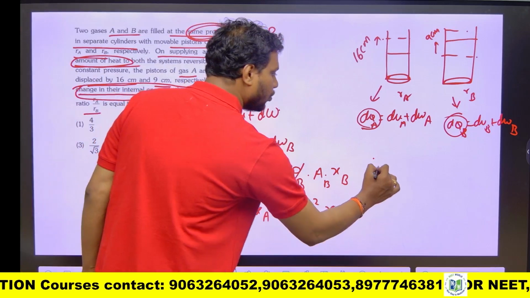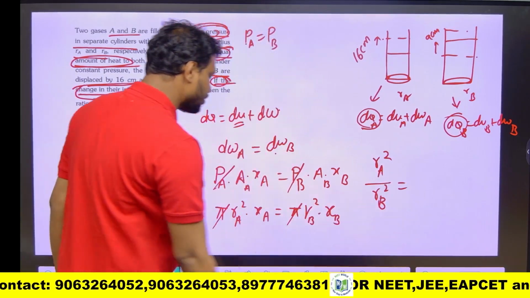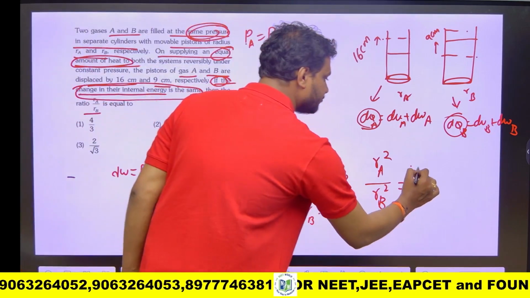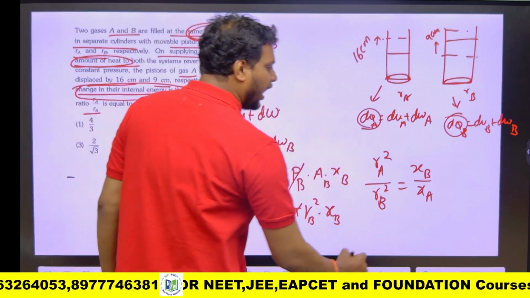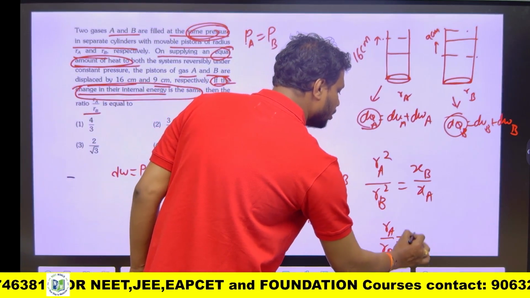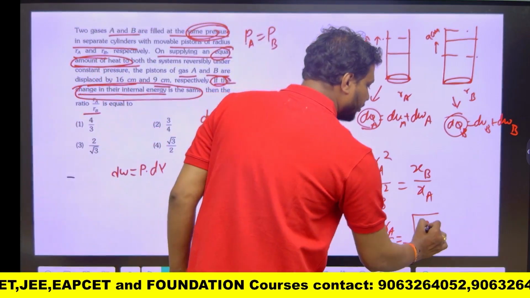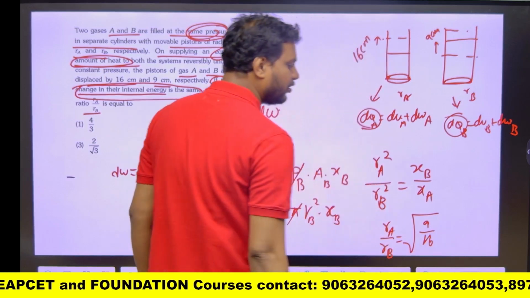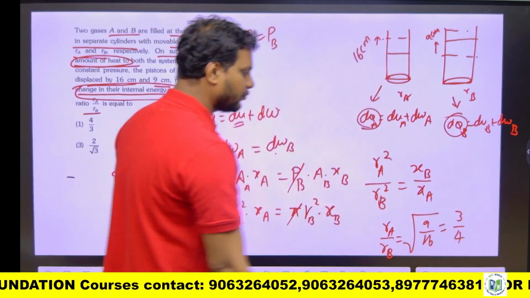Then we have RA square by RB square equal to XB by XA. So RA by RB is equal to under root of XB, which is 9 centimeter, by XA, which is 16 centimeter. So under root of 9 by 16 is 3 by 4. This is the answer.